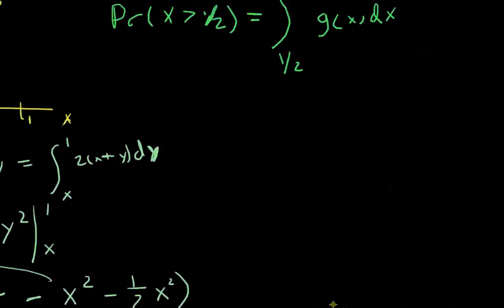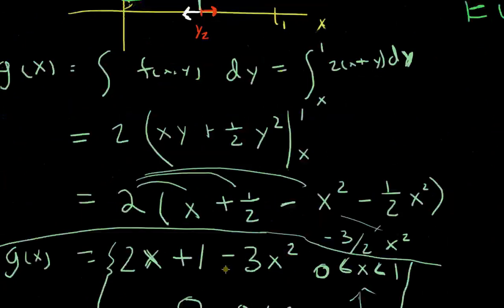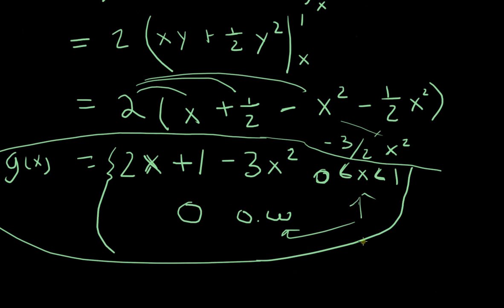All right, you should be able to find expected values involving only x, right? Given a joint probability distribution function. So for expected values, in this case, you would integrate between 0 and 1 because the marginal distribution is not 0 between 0 and 1.